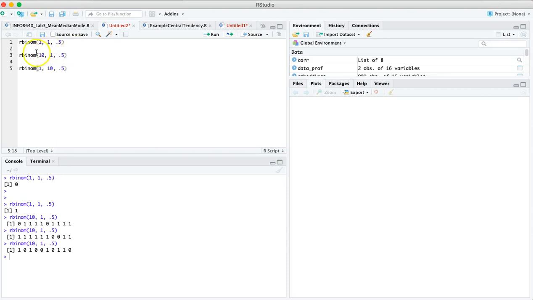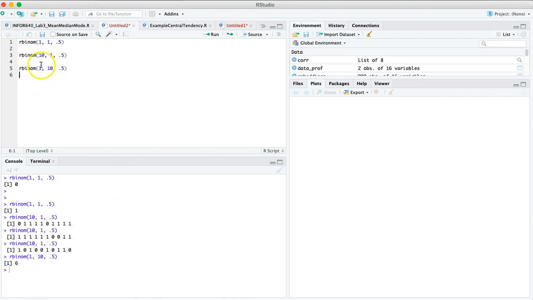So rather than having our 10 coins each flipped one time, giving us how many times each individual coin came up heads, this is going to return to us how many times out of 10 our individual coin came up heads. Let's go ahead and run that. And here we get 6. So it looks not completely like any of these examples, but it would be as if we got 6 ones.